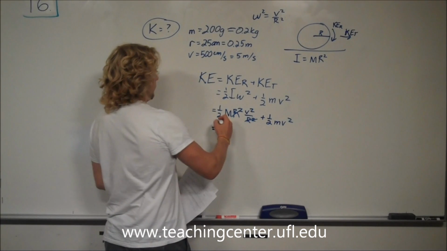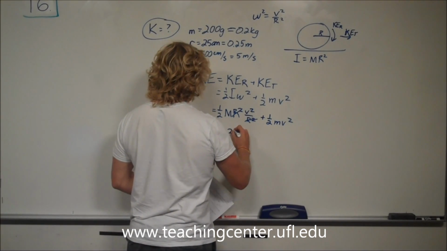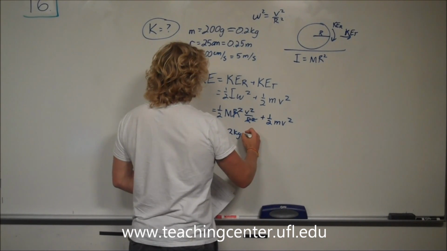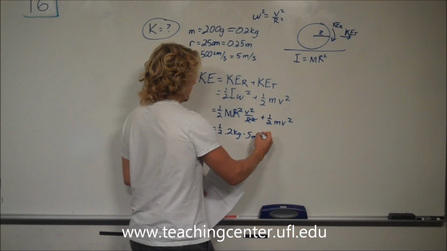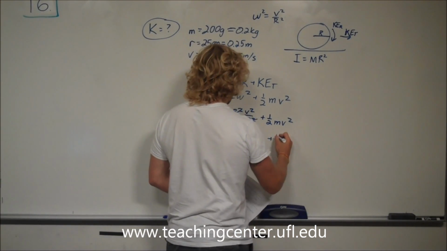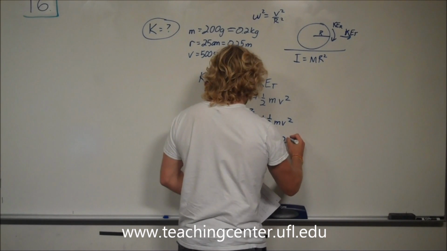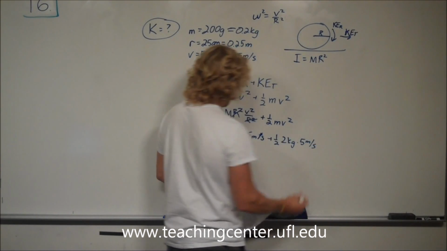Alright, so now we know it's 1/2 times 0.2 kilograms times 5 meters per second. Meters per second, not meters squared. Plus 1/2 0.2 kilograms times 5 meters per second.